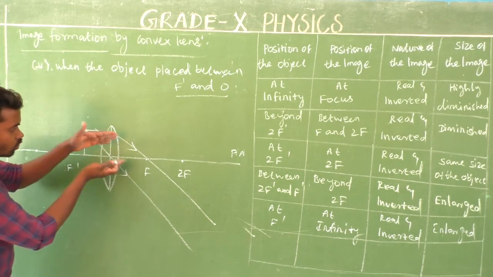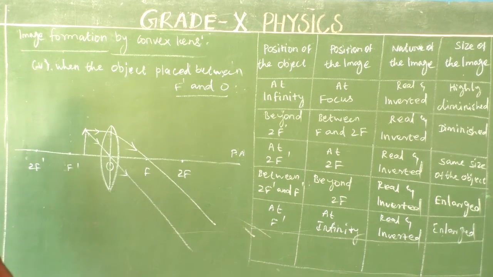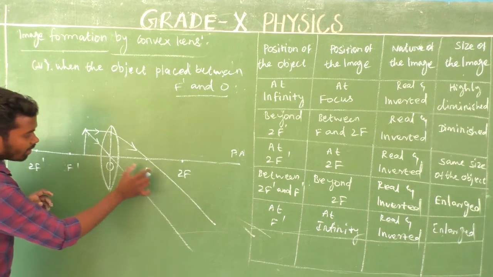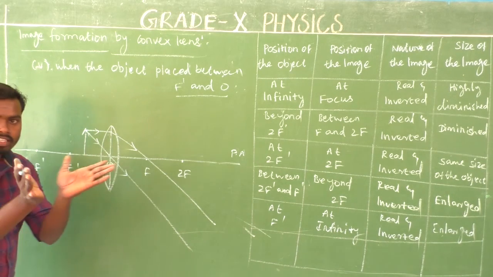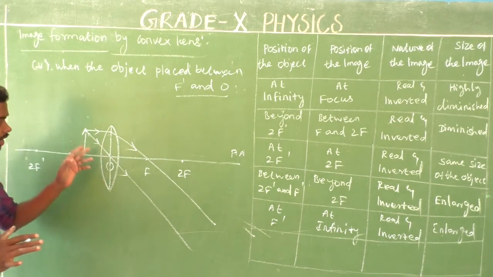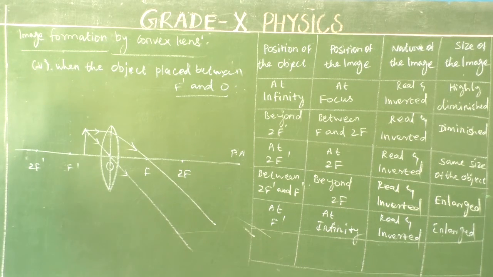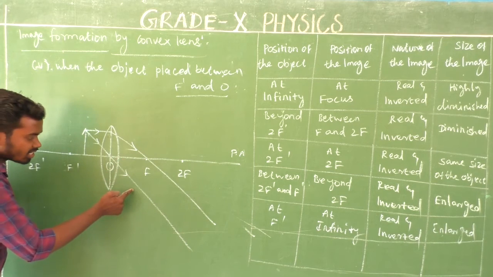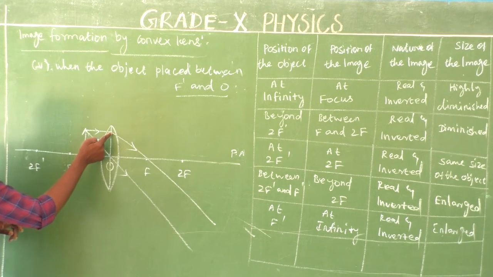Look at here, these two refracted rays look like they are diverging from each other. Am I right? Where will the image form? Look at here. This is one of the refracted rays, and that is also one of the refracted rays.